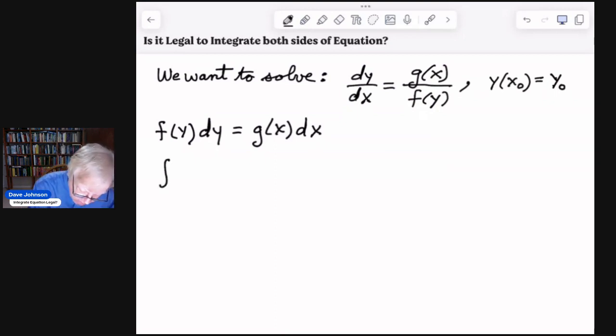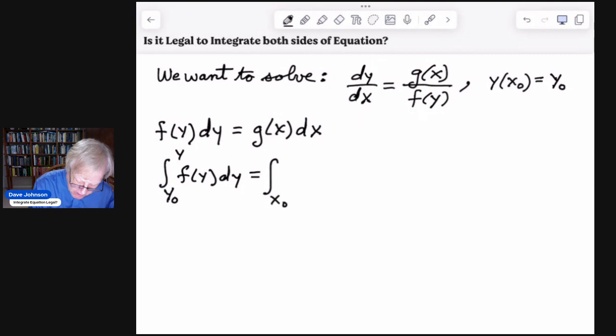So integral, and let's say formally we're integrating with respect to y. So integral from y naught to y of f of y dy is equal to, and on the right side integrating with respect to x, so x naught to x of g of x dx. Now the reason I'm doing it this way is to make it clear when we're going to use the fundamental theorem of calculus in a moment here.